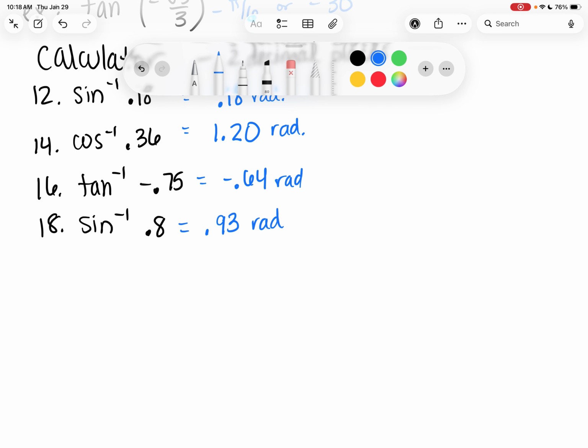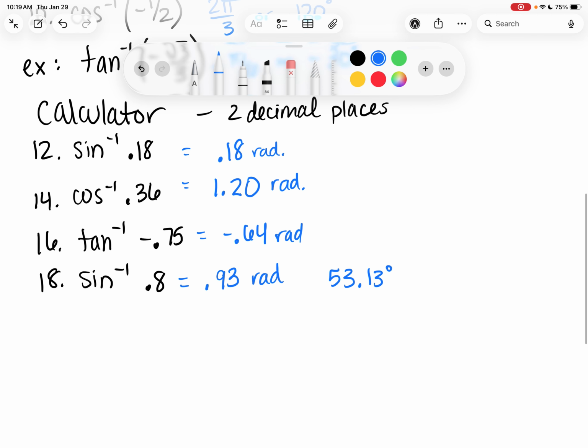So this one is the bottom one. This is 53.13 degrees. I'm going to go back up to the top and start again. Like I said, just change the mode and do them. When I do the degree version of the first one, I get 10.37 degrees.